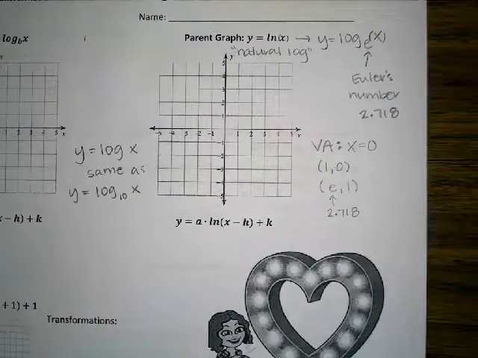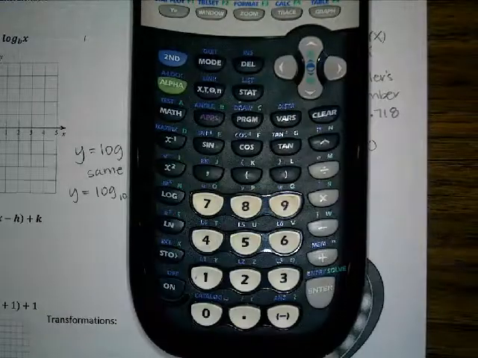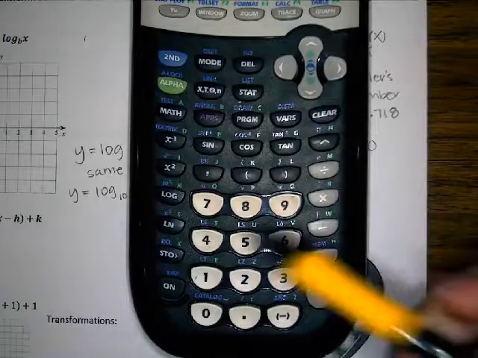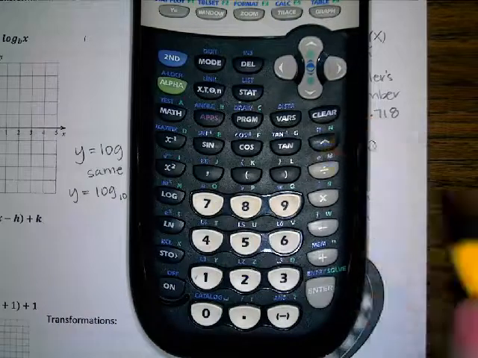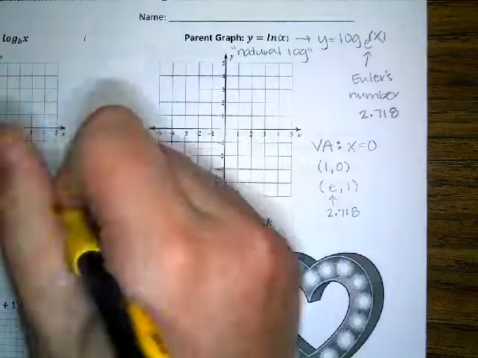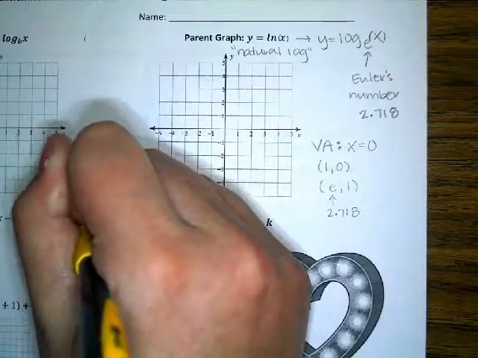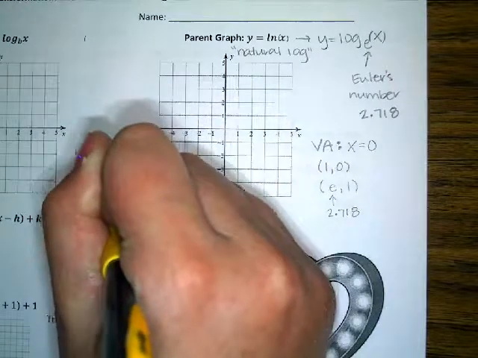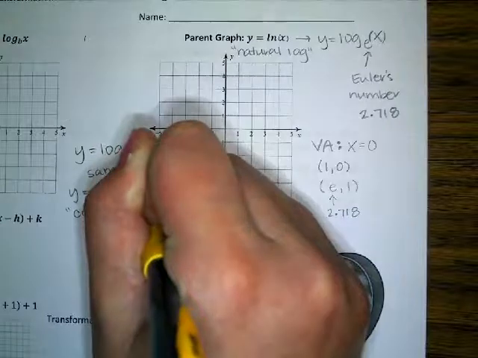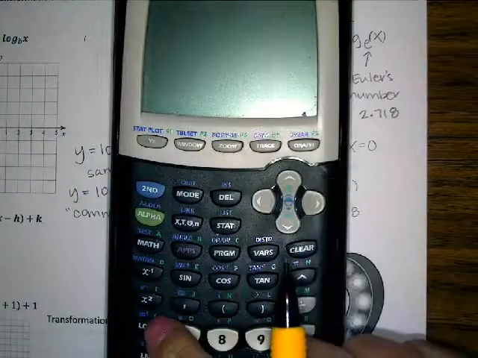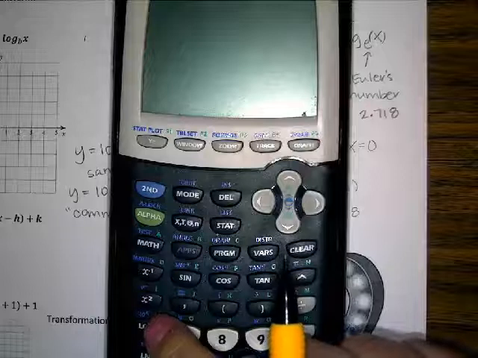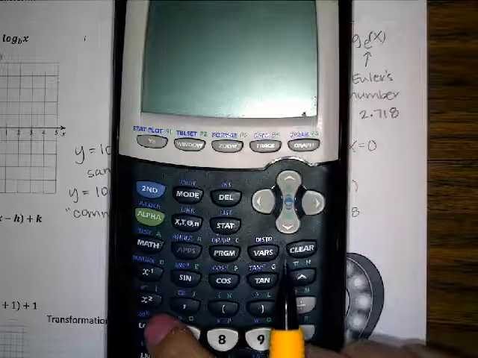The log button is right above the ln button. This is called the common logarithm, and it would be the inverse of 10 to the x. You can see it in blue.